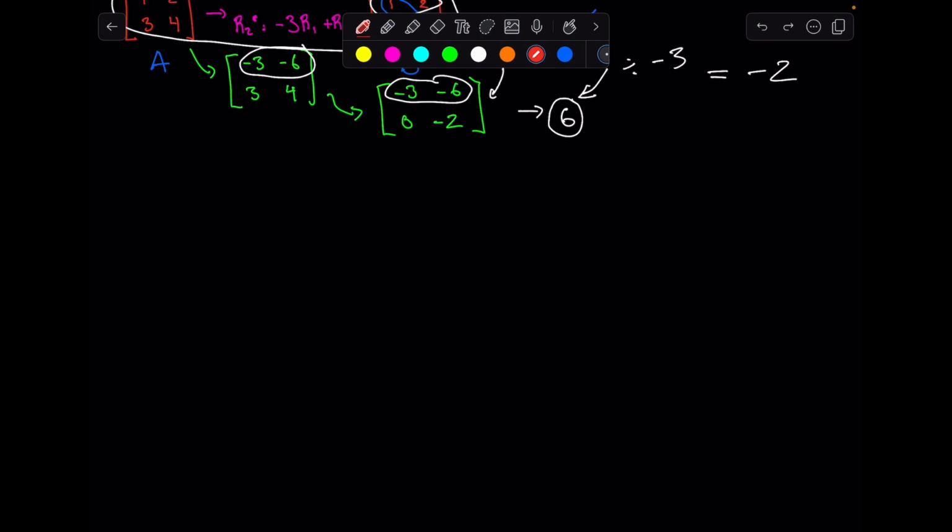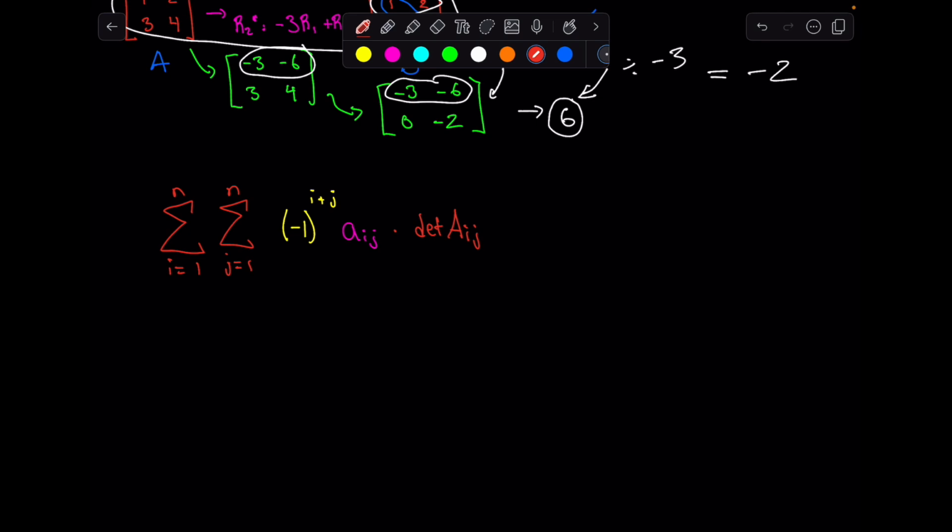If you remember that little formula that we had earlier for calculating the determinant of a matrix, it can be expanded upon in the following way. The sum from i equals 1, j equals 1 to n, of -1 to the i plus j times a sub i sub j times the determinant of our A sub i sub j.